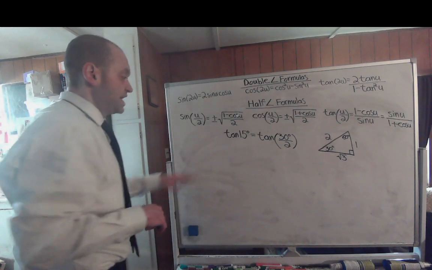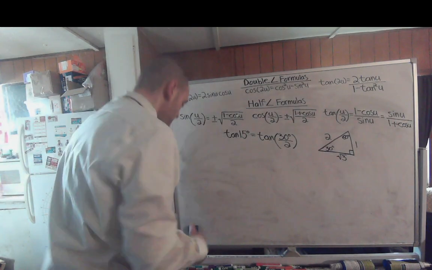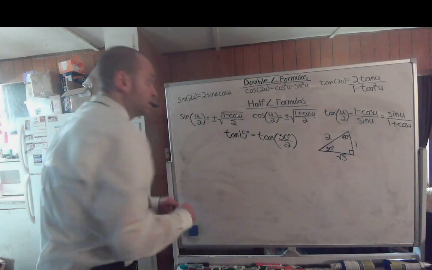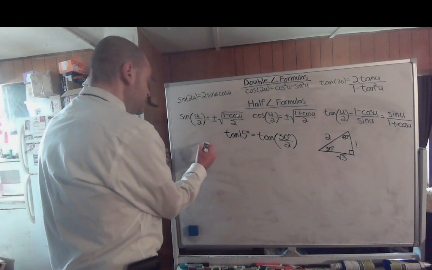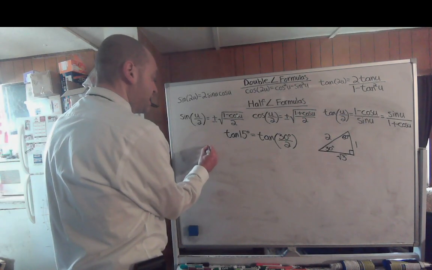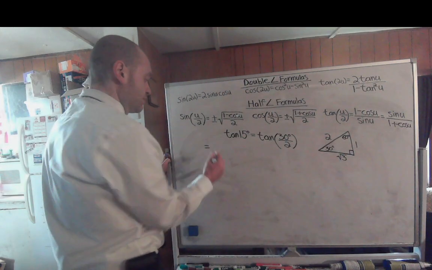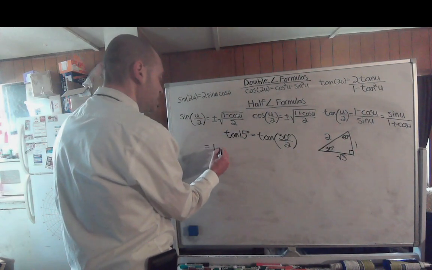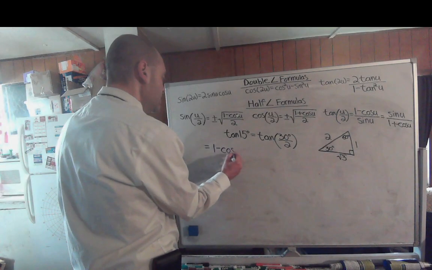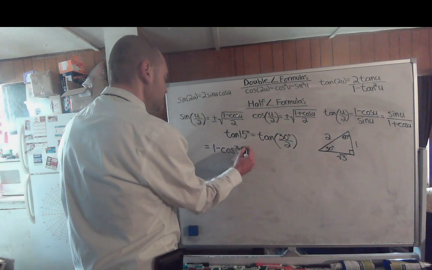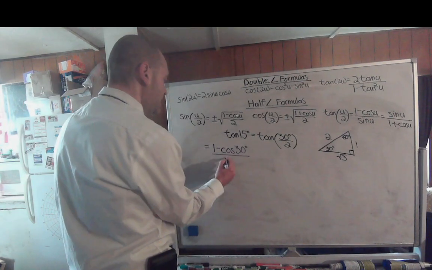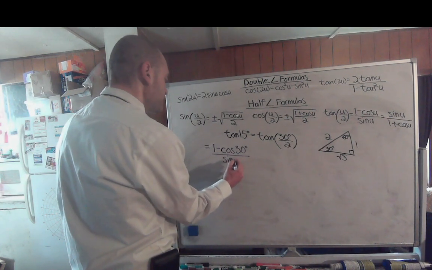Alright, so for the tangent then of 30 degrees over 2, let's plug this into the formula. Let's do the 1 minus cosine of u over sine of u. So this would be the same as 1 minus the cosine of 30 degrees over the sine of 30 degrees.